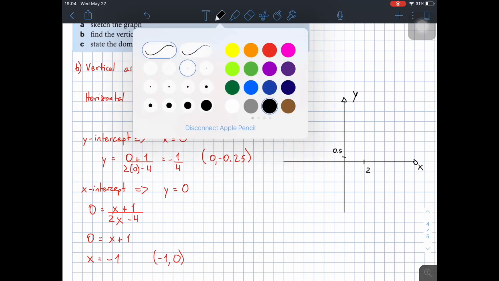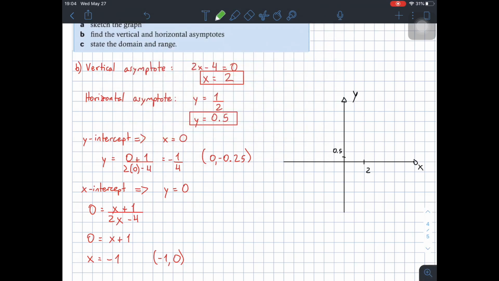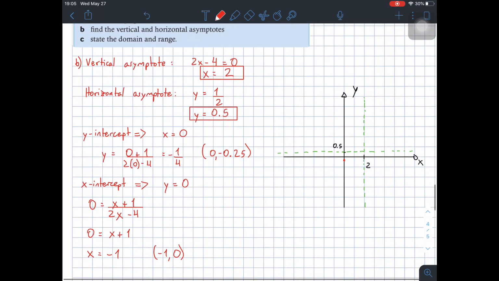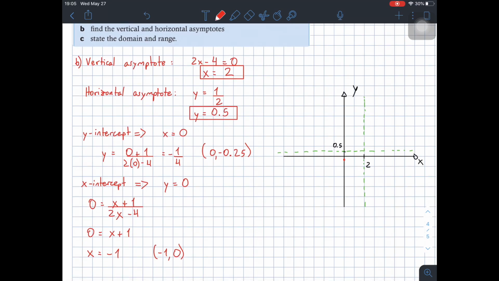So the vertical asymptote is right here, and the horizontal asymptote right here. Once we've sketched both asymptotes, I'm going to mark the y-intercept and the x-intercept. So the y-intercept is at (0, negative 0.25). That's somewhere around here. And the x-intercept is at (-1, 0), that's right here.